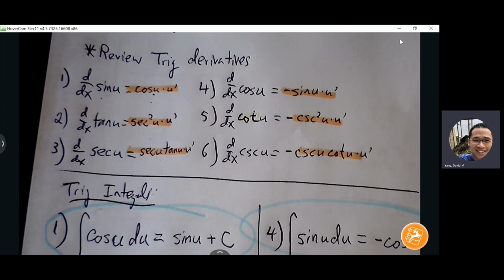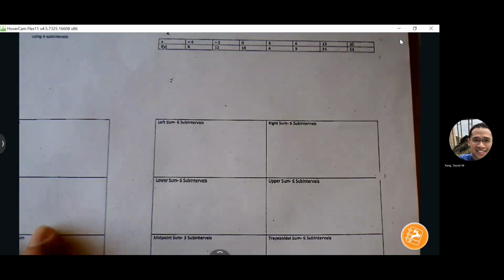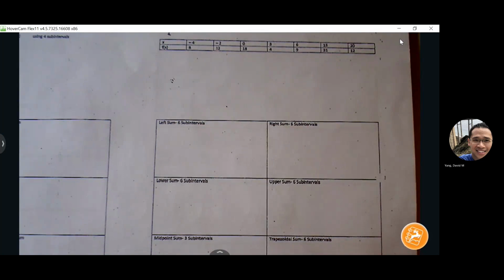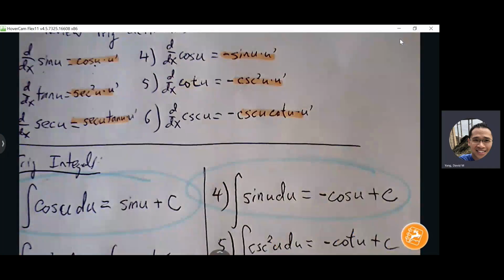If you guys can turn to page 14, let's see, yeah, page 14. I want to start off with something easy.